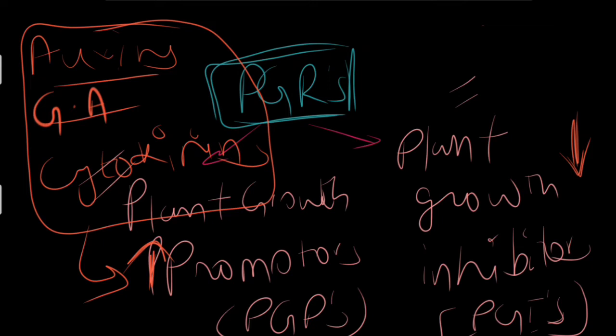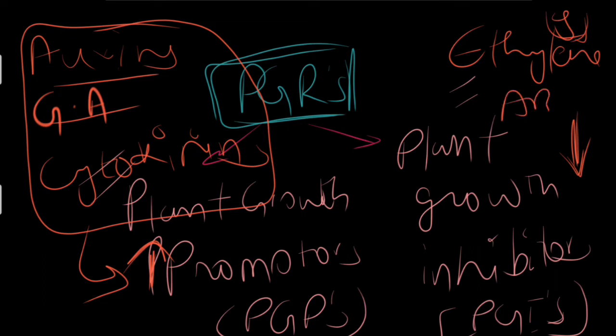We have two more. They are ethylene, the gaseous PGR, and abscisic acid, ABA. These two are plant growth inhibitors.